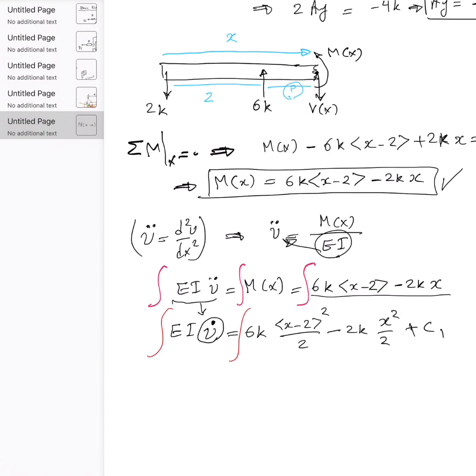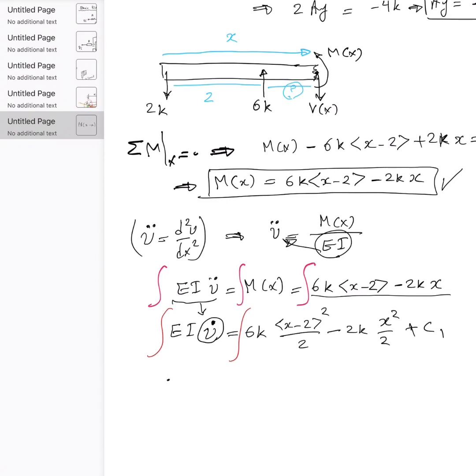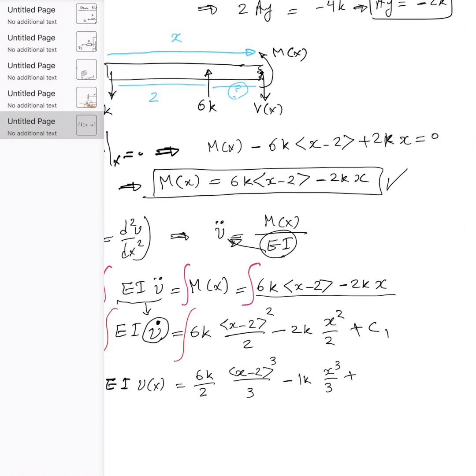If I take that integral, I'm going to get EI times V of x is equal to 6K over 2, you already had that, times Heaviside X minus 2 to the 3 over 3, minus 2K over 2 times X cubed over 3, plus the integral of C1, which, because it's constant, is C1 times X. Then you get another constant of integration C2.